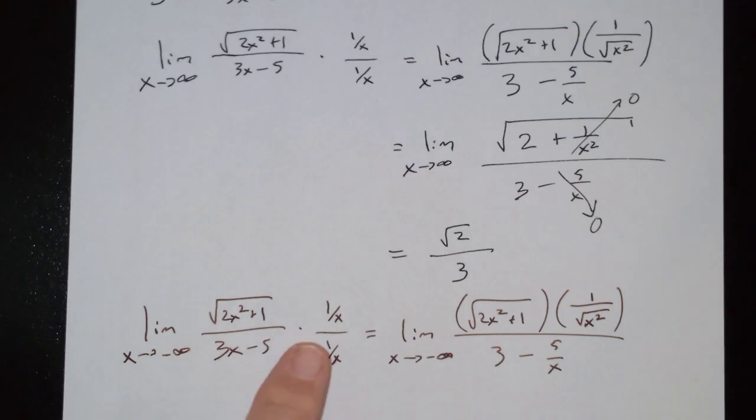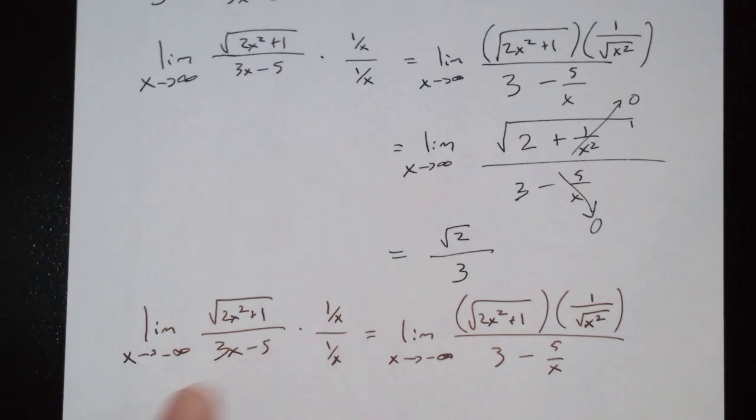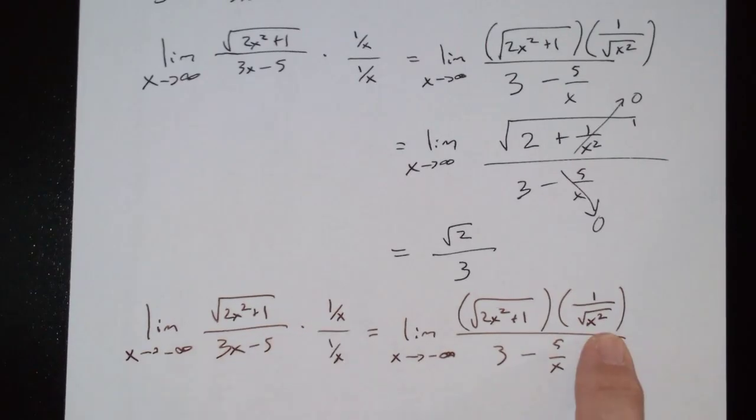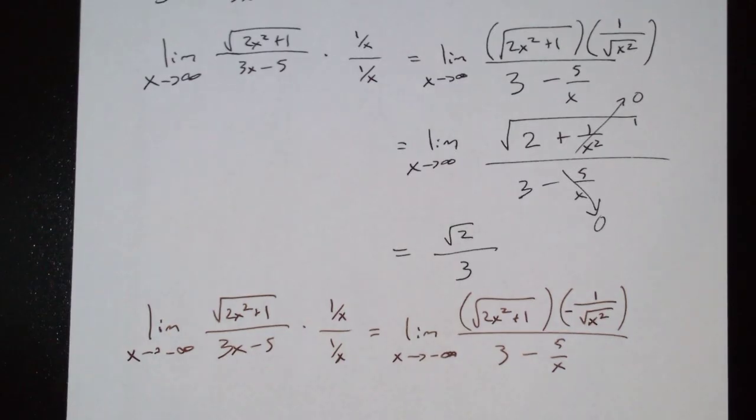What do I know about this value of x? Well, this value of x is going to minus infinity, right? That makes it a negative number. If this thing is negative, this thing should be negative. And that means in order for these to be equal, I get an extra minus sign right there. And that minus sign is going to stay with me.